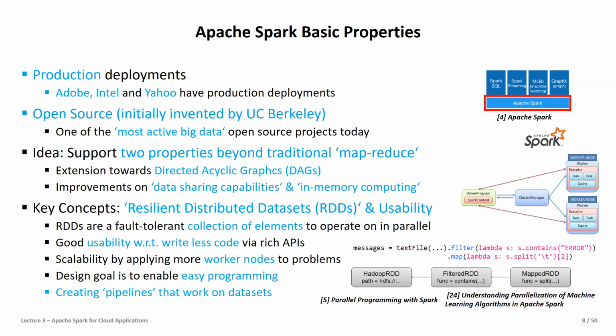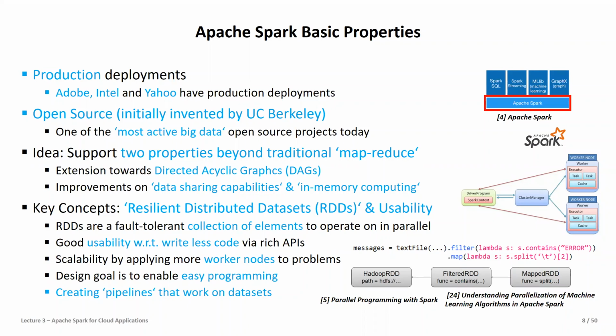Now, when we think about this traditional MapReduce model that we have in Hadoop, and we will explore this together in one of the next lectures, this is more really towards directed acyclic graphs, if you look at it. And there are lots of data sharing capabilities and in-memory computing, which is going alongside. And the key concept really are the RDDs and the usabilities.